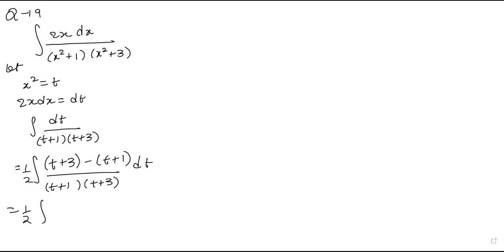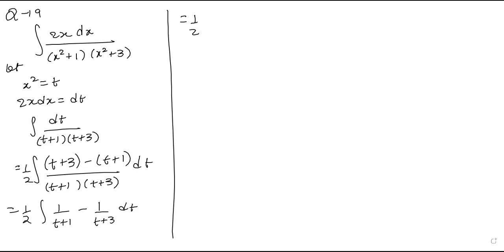So if I divide this individually, then I will have 1 upon t plus 1 minus 1 upon t plus 3 dt. So taking integration will give me log mod t plus 1 minus log mod t plus 3 plus c.